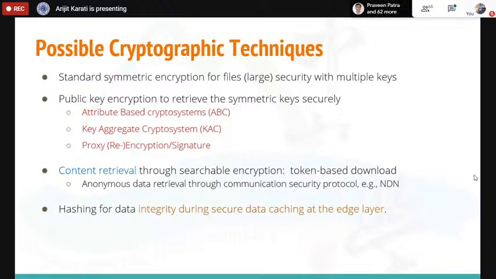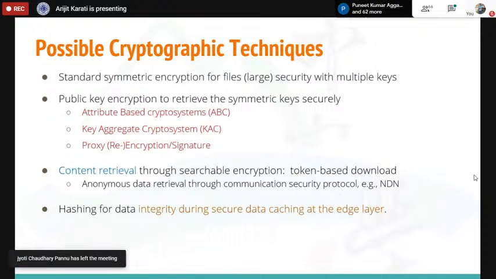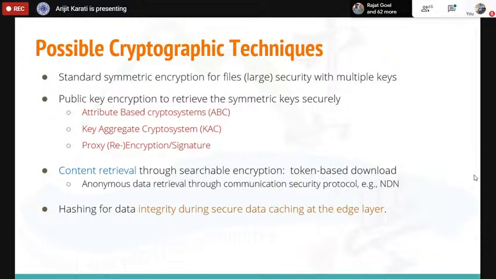Those public key techniques can be broadly classified as attribute-based cryptosystems, key aggregate cryptosystems, proxy encryption systems, or signatures. Those are the public key cryptographic techniques you can use in your edge computing systems, which are distributed systems, and here they are much more useful.